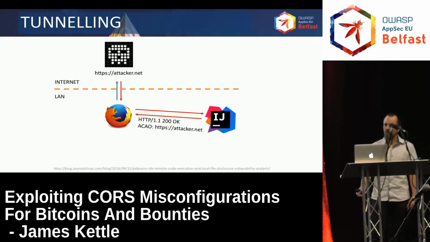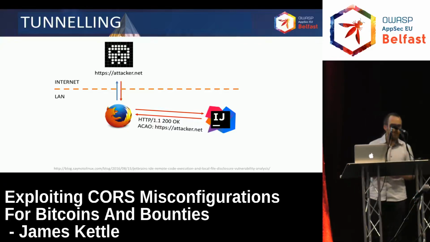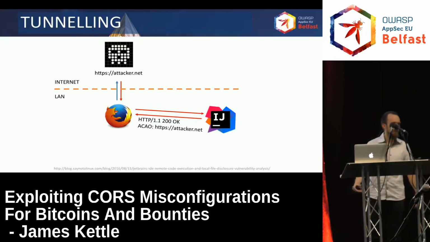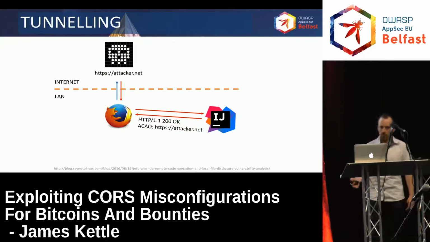For example, the IDE IntelliJ, which was for Java development, binds a server to localhost. So as an attacker, you can't hit the server directly because it's bound to your victim's localhost. But someone found that thanks to their CORS configuration, they could make you ask the server for your private SSH keys, which you would hand over to an arbitrary site.